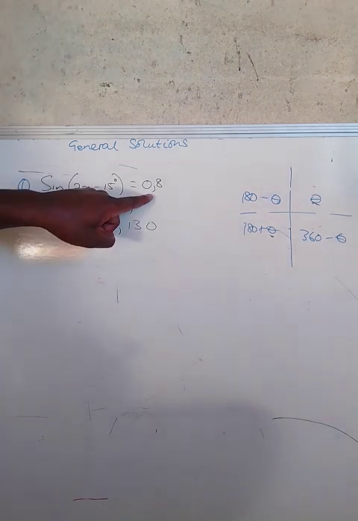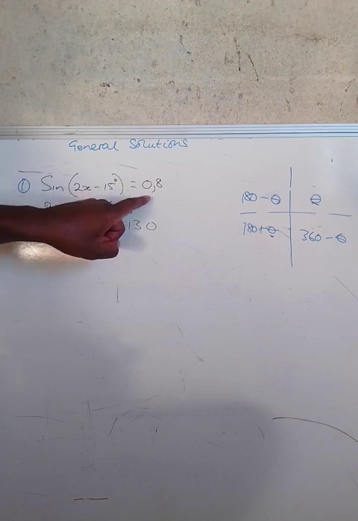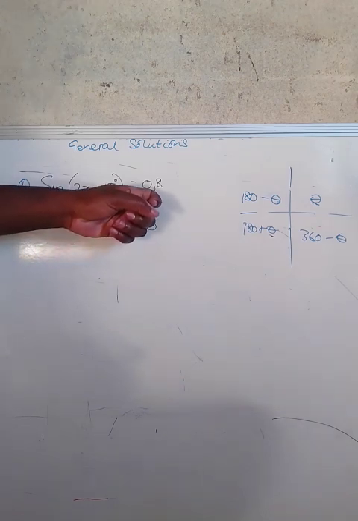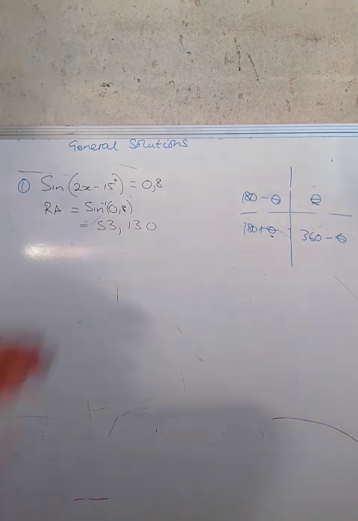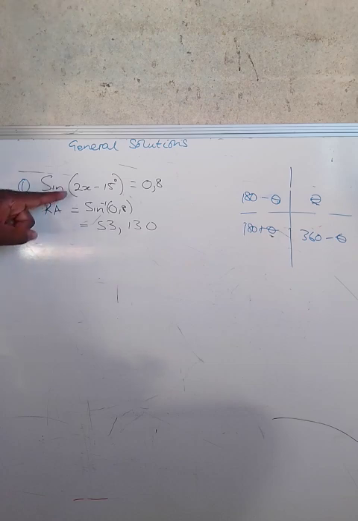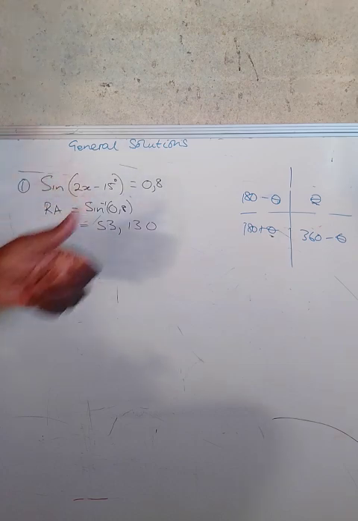What do we need to check? We need to check the number after the equal sign. Is this number positive or negative? 0.8, as we can see here, it's a positive number. So if it's positive, we want to find the quadrant where sine is positive.